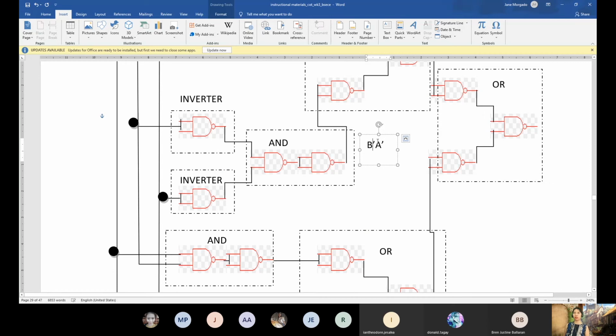But before that, you need to convert the inverter to NAND. You have the inputs tied together, so it becomes an inverter.